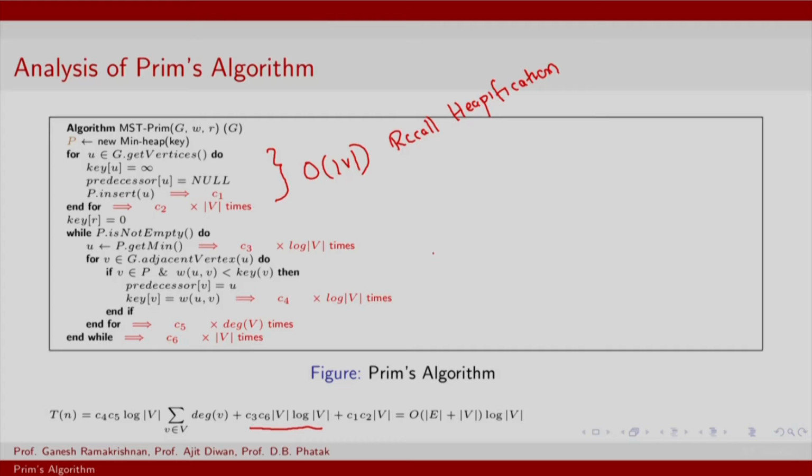The inner if loop is interesting. So the inner if loop is called for each node. So for each node you are basically accessing the entire adjacency list. This is basically summation over V of degree of V. This is nothing but the number of edges.